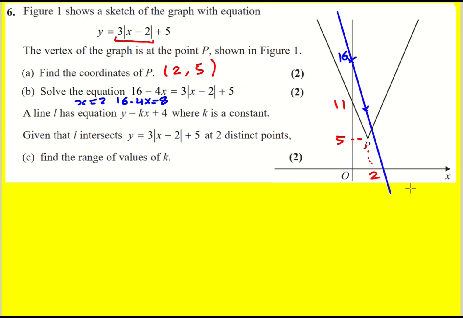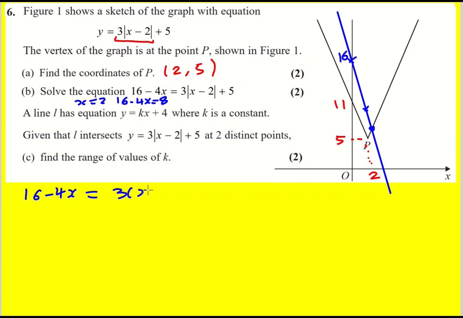You might be somebody who tries to solve both cases and then subs back in and checks. That will work, but ideally you'll draw this sort of graph and realize we only need to look for this solution here. So it will be when 16 minus 4x is equal to the positive part of the modulus, when the modulus is actually not doing anything.